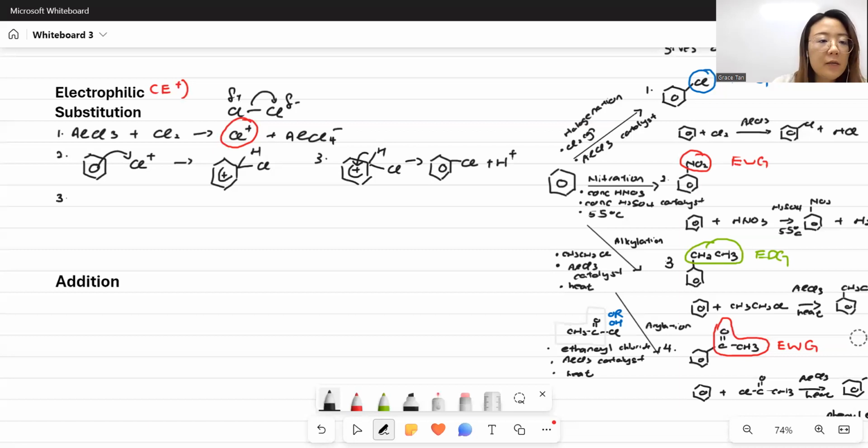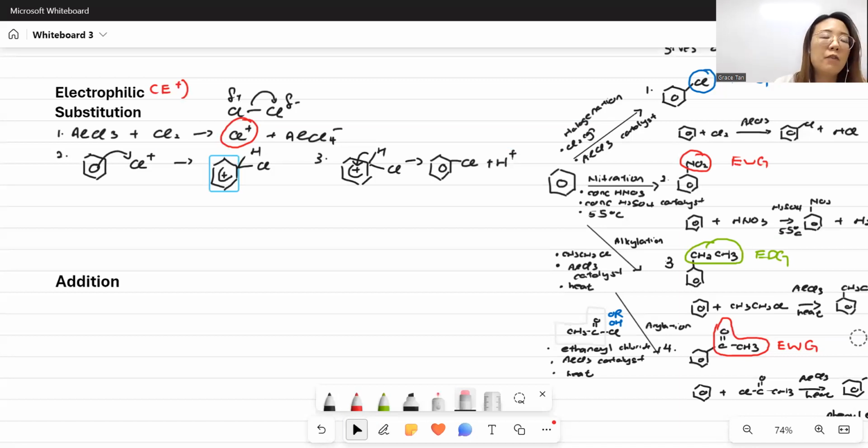So very clearly we can see that this is a substitution reaction where you put in a Cl plus electrophile over here, and then H plus is the leaving ion. So this is an electrophilic substitution.